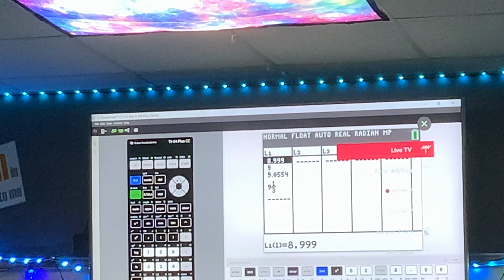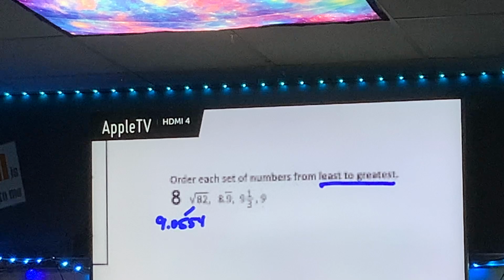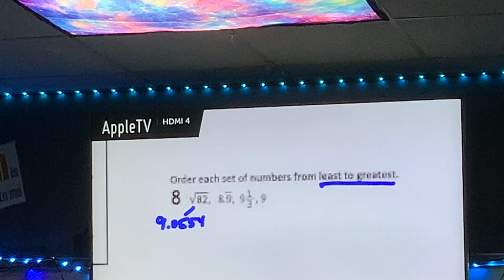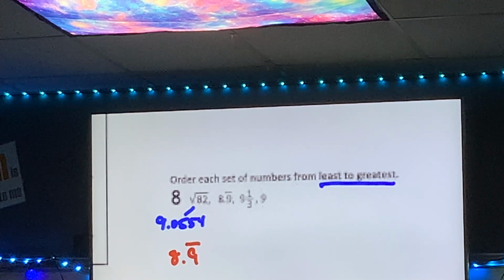8.9. You always rewrite what the original they gave you. What was next? 9.